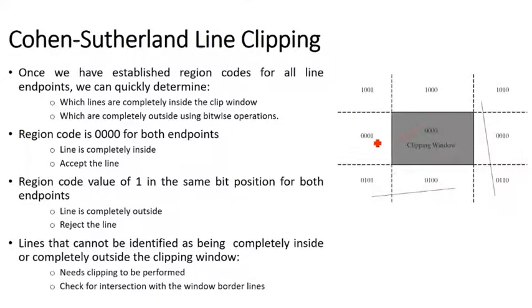The next step that we do is, see, once we know the endpoints' outcodes, we can perform two tests and decide on two things very easily.